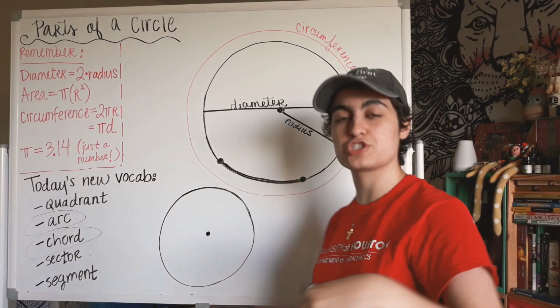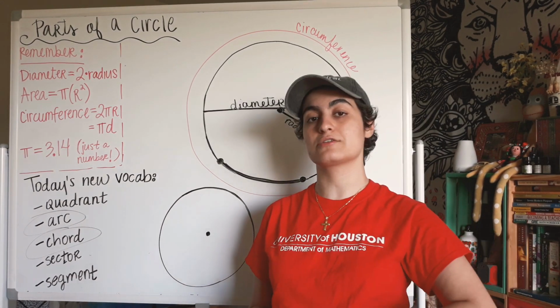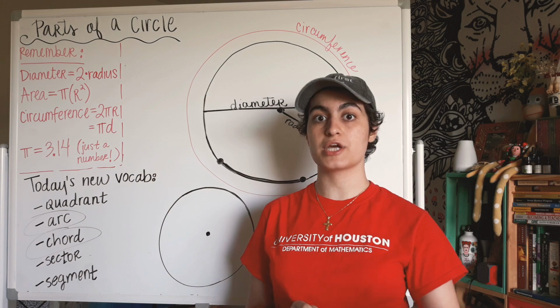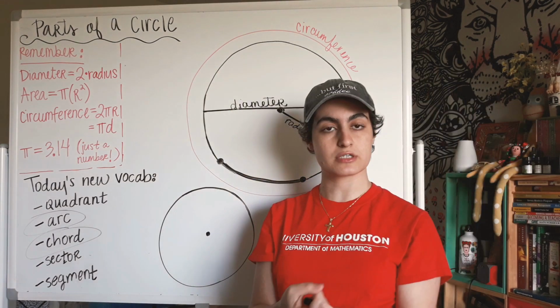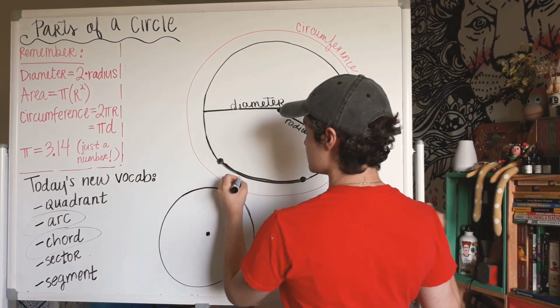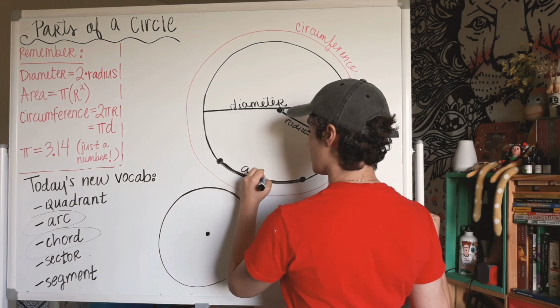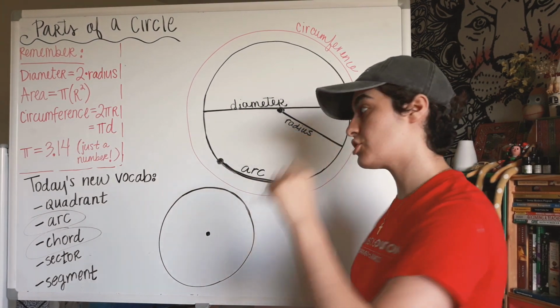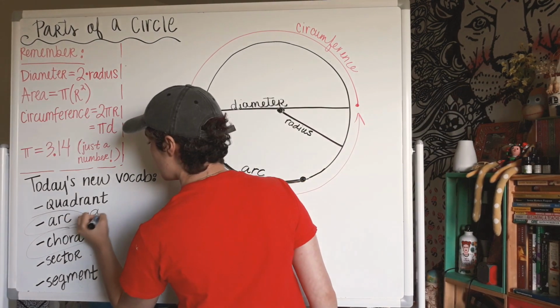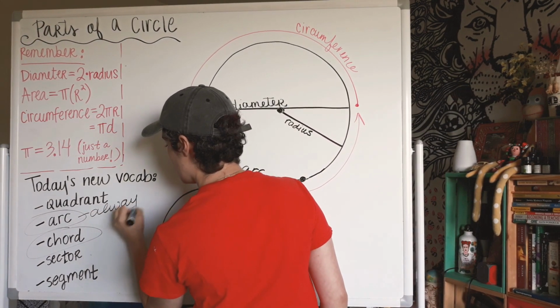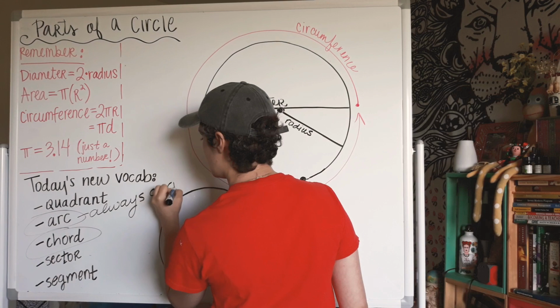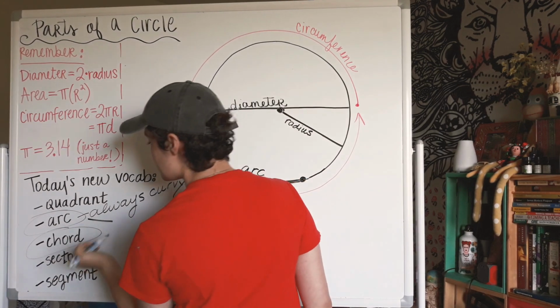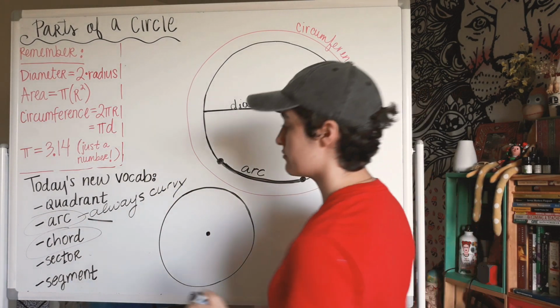So an arc is just part of the circumference. The arc is always smaller than the circumference, because the circumference is the whole thing. So this is what is called an arc. An arc is always curvy, and it's always smaller than the circumference.